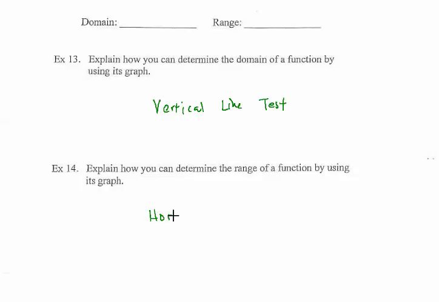We call that the horizontal line test. Okay, and we're really looking for places where the vertical or the horizontal line do not hit the function. Those values will not be in the range or domain.